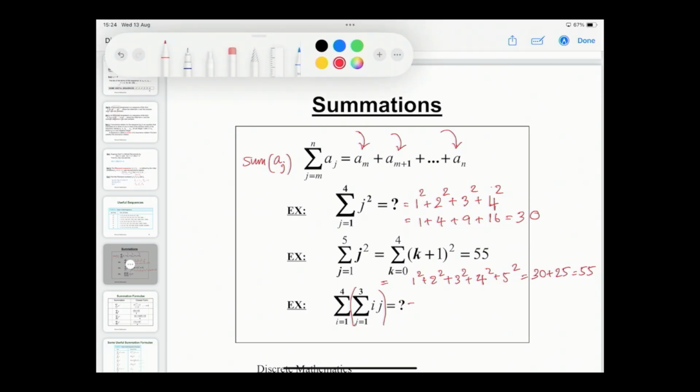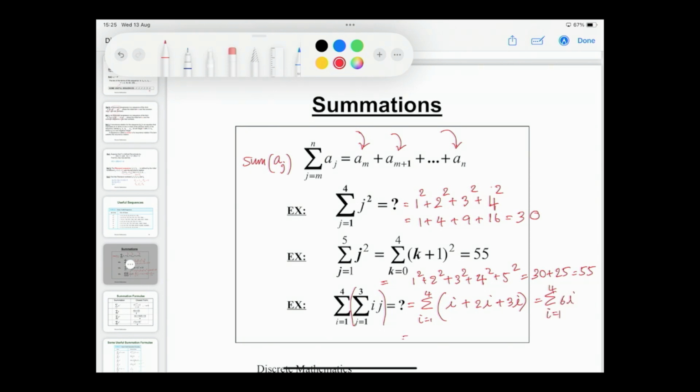So what is this? i we just leave it. So we have i plus, when j is 2, we have 2i, 3i, right? So that's equal to 6i.